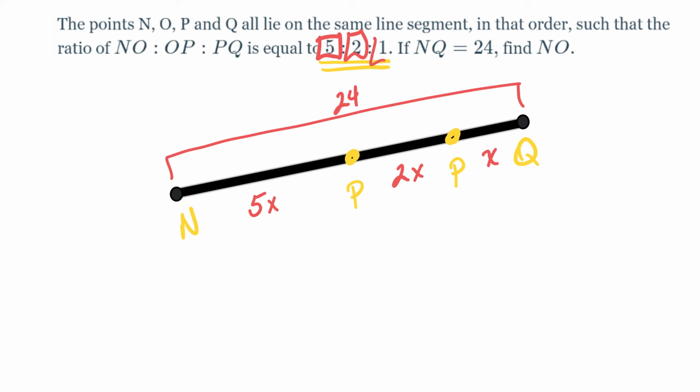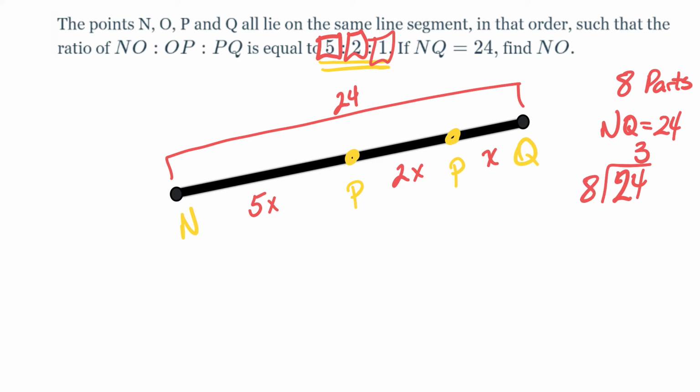Well, if we have a 5, 2, and 1, that's a total of 8 parts. Well, we're dividing a line NQ, which has a distance of 24, into 8 parts. Okay, well, 24 divided into 8 parts means that each of those parts is 3 units long. So each of these parts is worth 3.